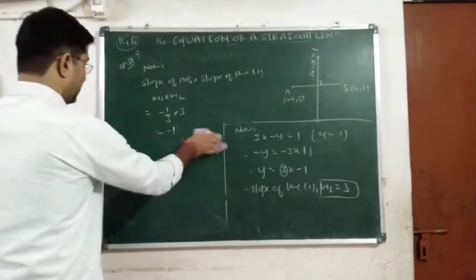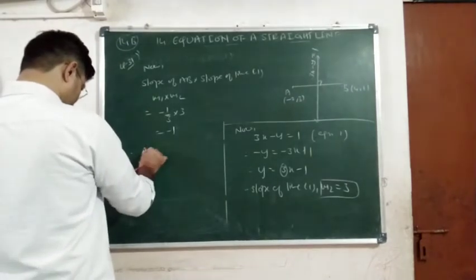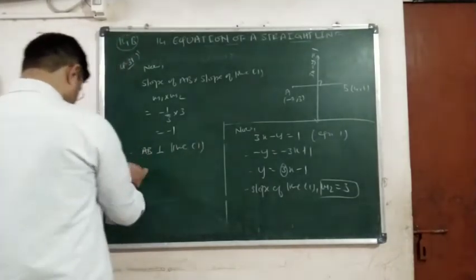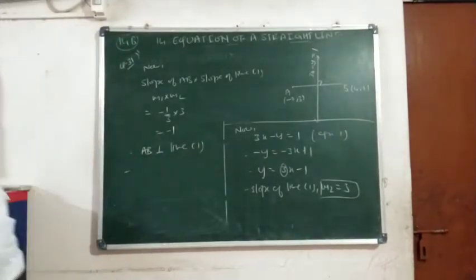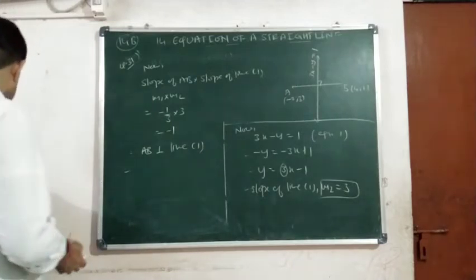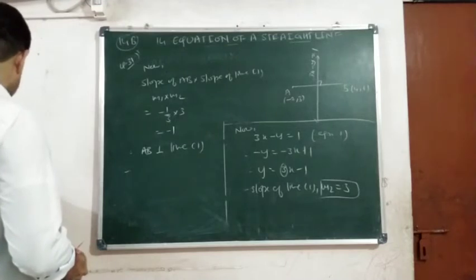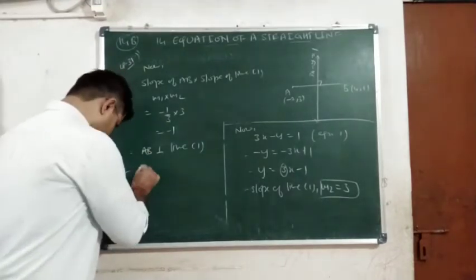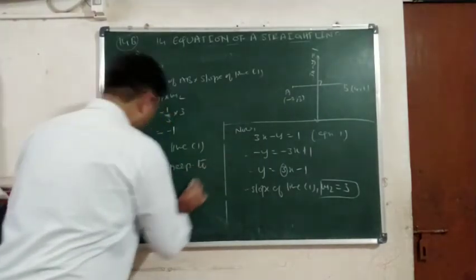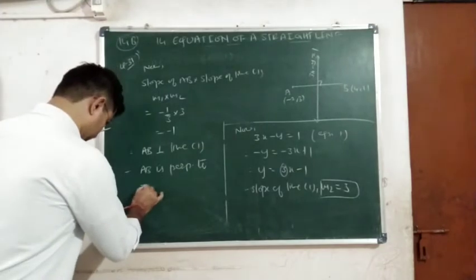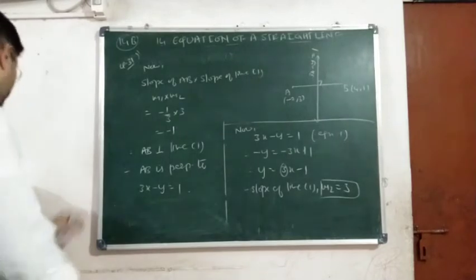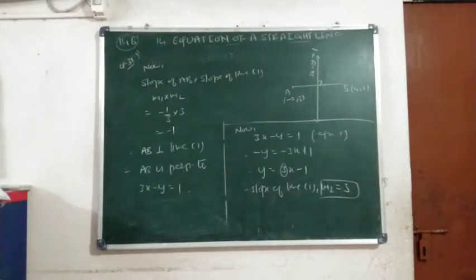Therefore we will write that AB is perpendicular to line 1, and this is what we had to find out. So yes, we can say that the line joining AB, or line AB, is perpendicular to it. Therefore AB is perpendicular to the line 3x minus y equals 1. Clear? So this is the first answer. Now, does the line bisect the joint?